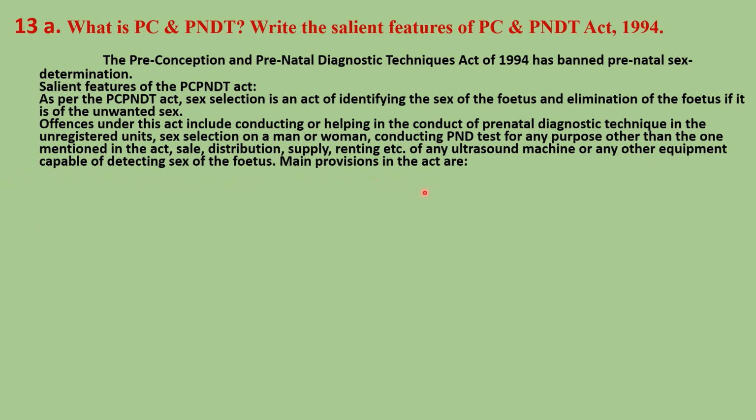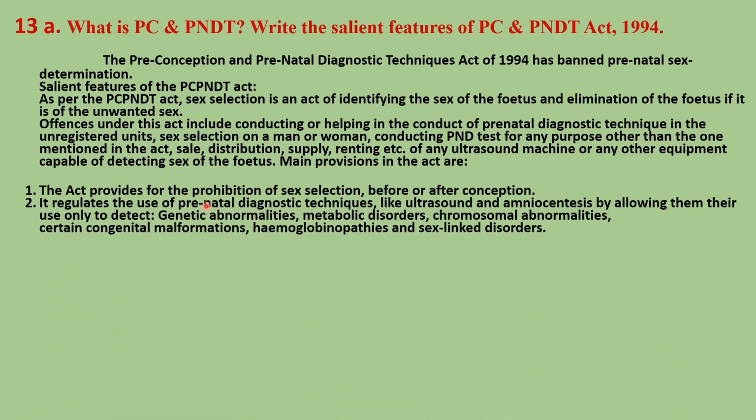Main provisions in this act are: the act provides for the prohibition of sex selection before or after conception. It regulates the use of prenatal diagnostic techniques like ultrasound and amniocentesis. That means they take the fluid from the mother's womb and test for the chromosomes. That tells whether it is a male or a female.